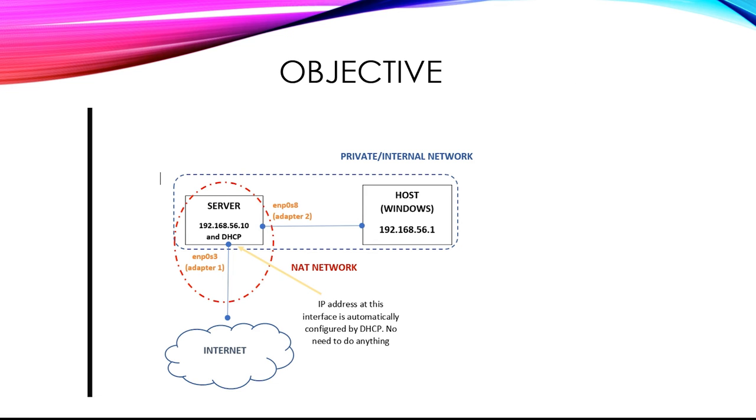Let me show you this one. The IP address at this interface is automatically configured by DHCP. No need to do anything, so we don't change this. After successfully configuring the IP address for the virtual server, the Windows server will be done automatically.